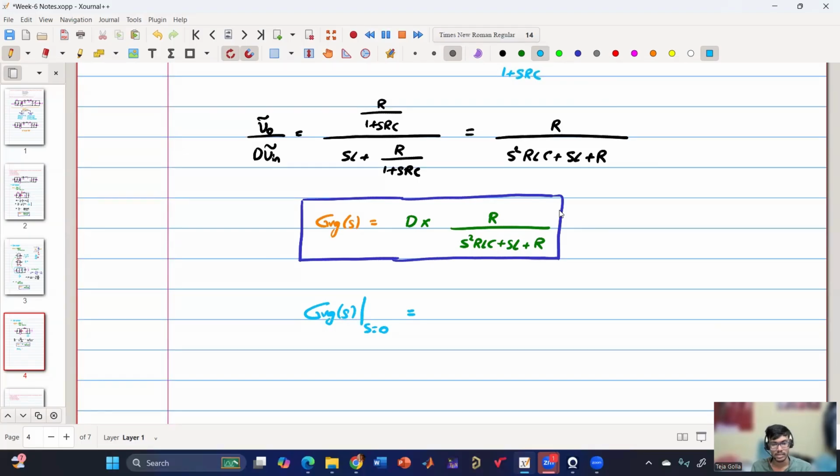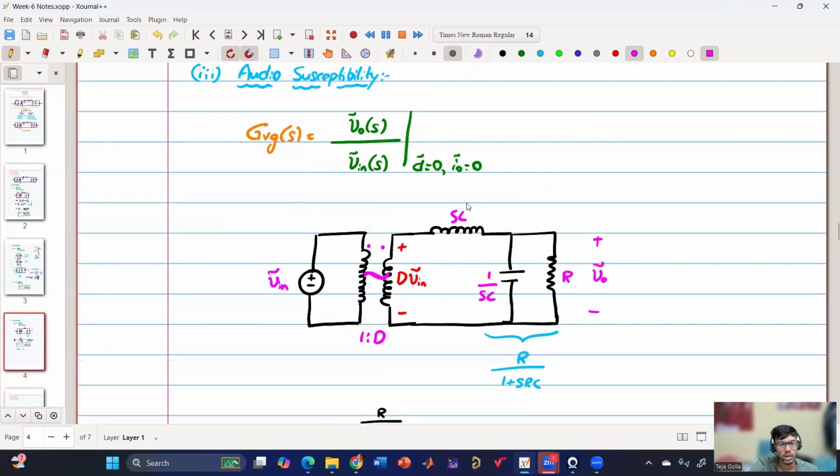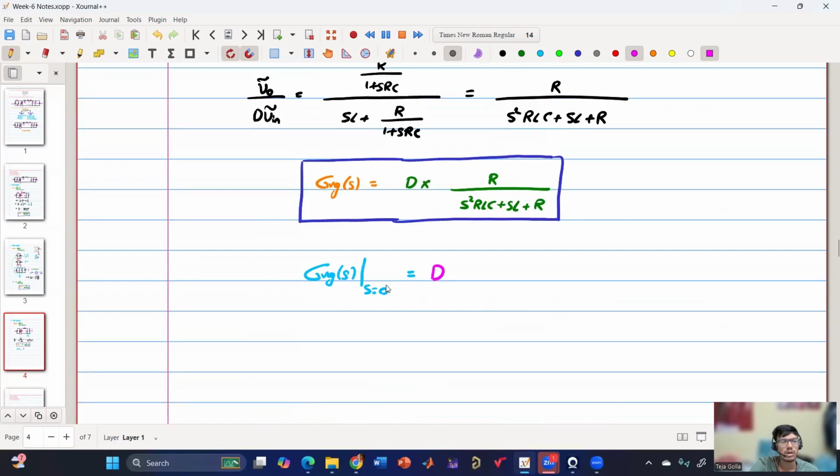D. Because if S is zero, R by R will get cancelled and we'll get D. So it means that there is a direct relationship between input as well as output at zero frequency. When the frequency is not there, it's like the DC point, right? So V naught is nothing but D into V in, which is what we already know for a buck converter.